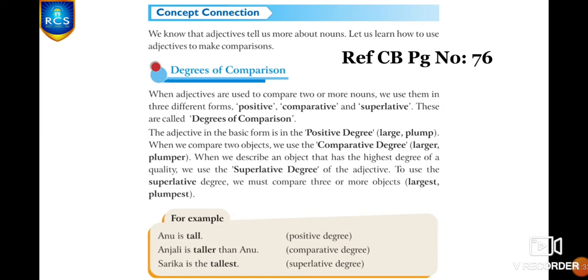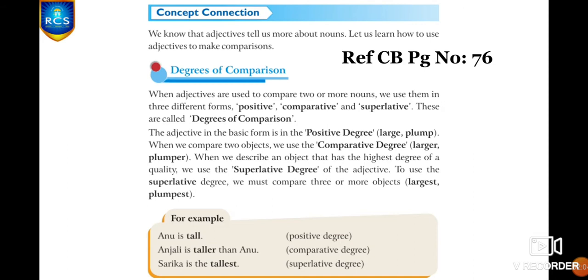The adjective in the basic form is in the positive degree. For example, large, small. And when we compare two objects or two nouns, we use the comparative degree. For example, larger, smaller. And when we describe an object that has the highest degree of a quality, we use the superlative degree.